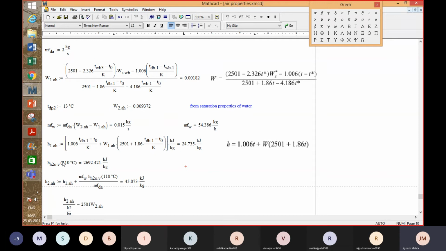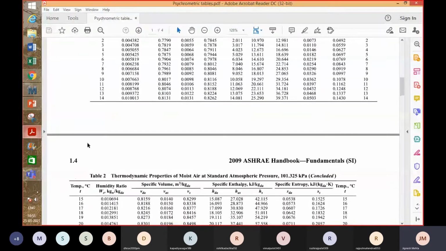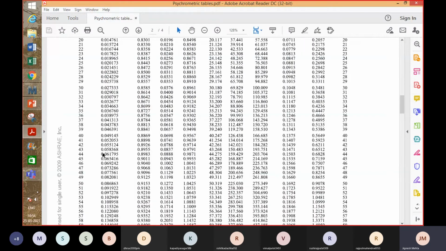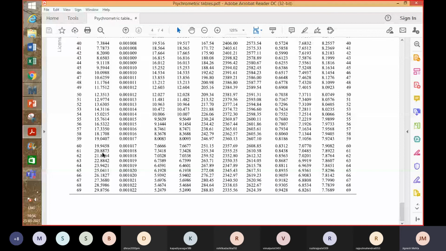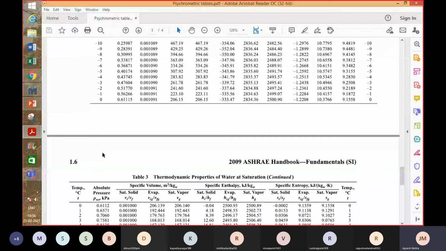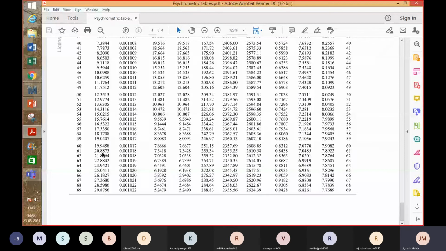So H1. Now you are injecting steam. So what is the enthalpy of that steam that is getting added, right? So what is the enthalpy at 110 degrees Celsius, and it is written saturated. You can get it from the saturation properties of water. This table is available as of now, only up to 69, but it is nothing but the steam table.